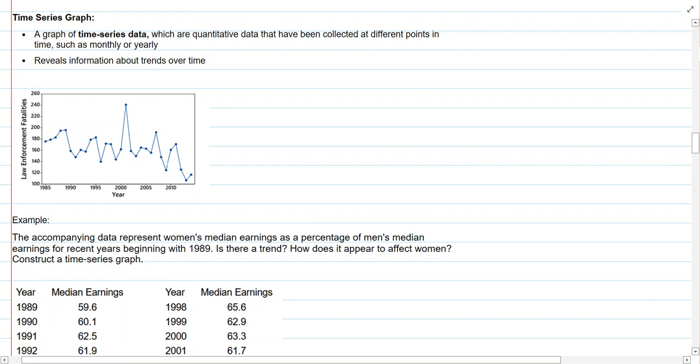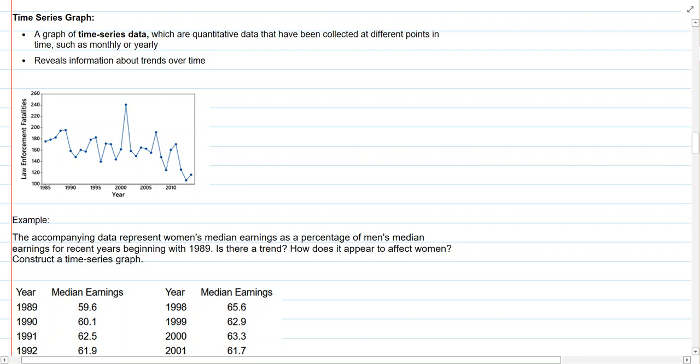So this graph has quantitative data again that has been collected at different points and times, such as monthly or yearly. It reveals information about trends over the time. They do this a lot with global warming. They do it with the sunspots and all kinds of stuff.